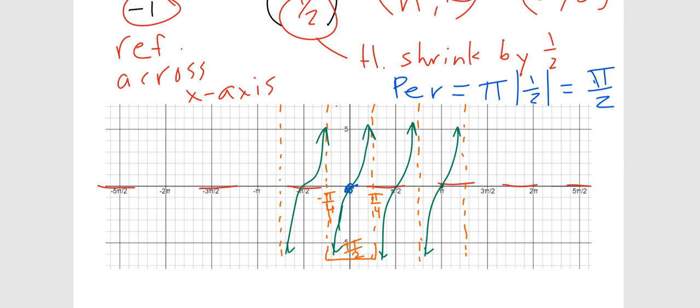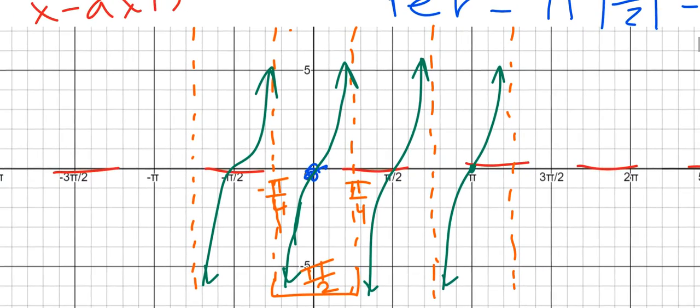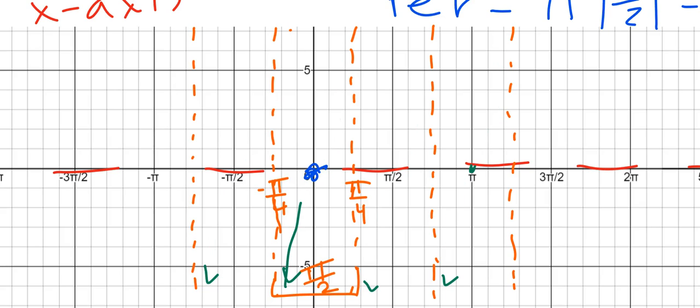What did we forget? Oh my goodness. We forgot our reflection across the x-axis. Uh-oh. Alright. Man, the viewers at home are really going to be upset with me. What's that going to do? Oh, better get rid of those arrows.